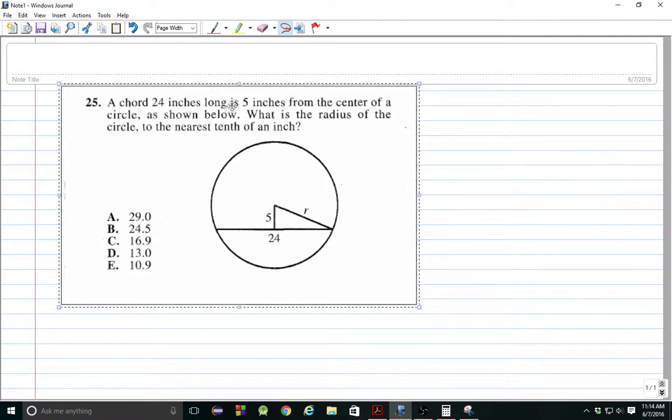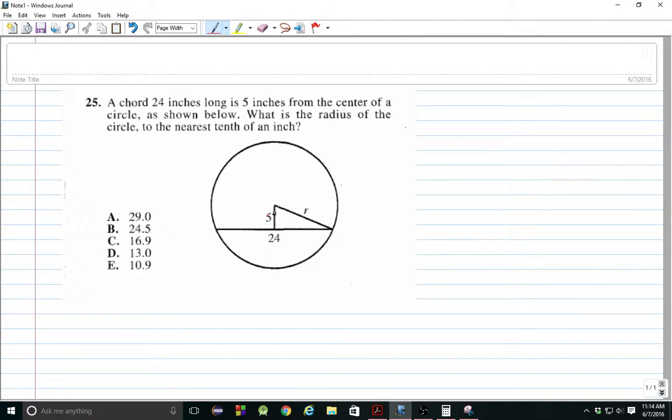Well, if you look at this figure here, 24 is split in half, so you can count this as a 12 from here to here. And all of this space over here is a triangle. So the way we get this is we use the Pythagorean theorem.